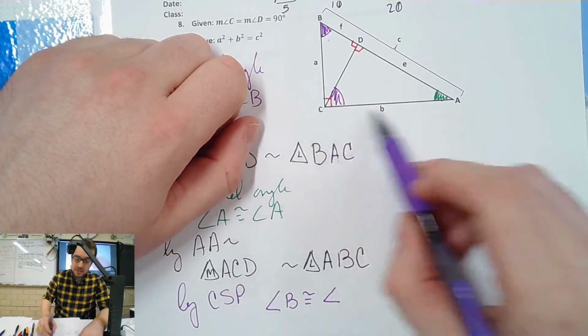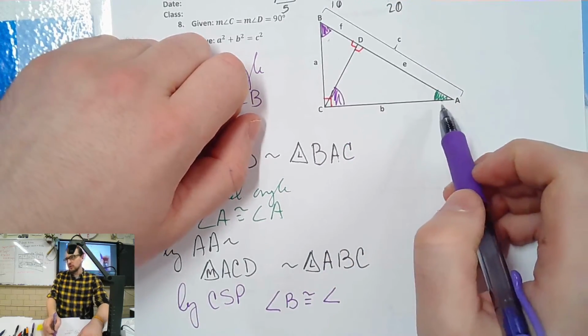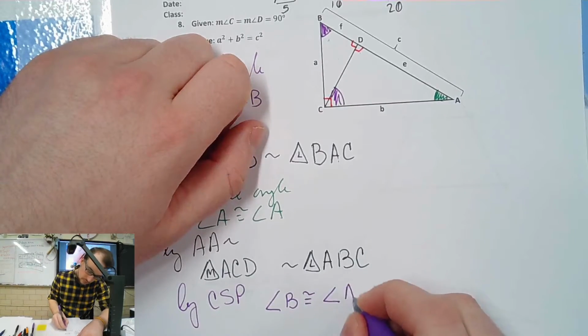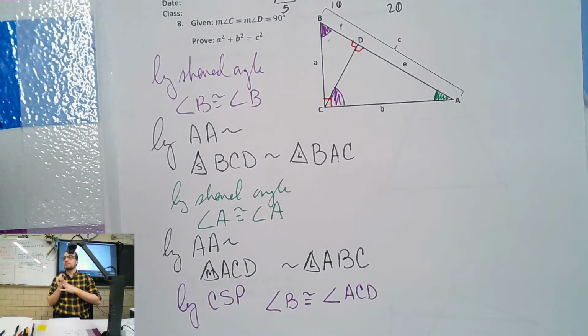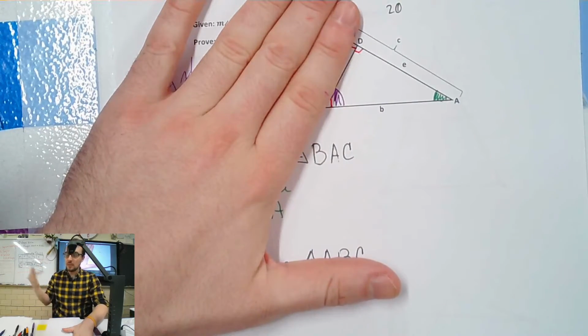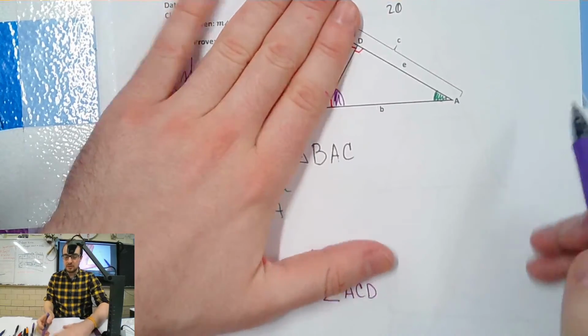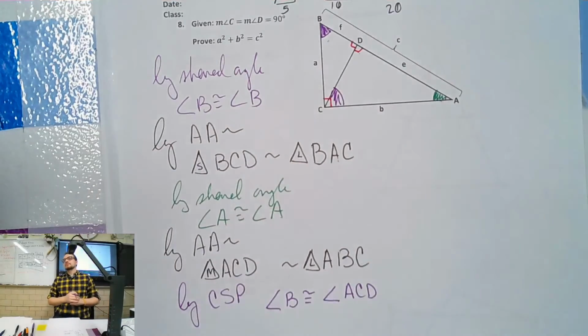If I call it BCA, I'm talking about the right angle. I want to talk about the purple, so DCA. I'm going to do alphabetical order, ACD. You see what I'm talking about here? The two purple parts are the same. And they have to be because we know the triangles are similar, so their angles should all be the same. We've got a right angle and a green angle, so the purples must go together.